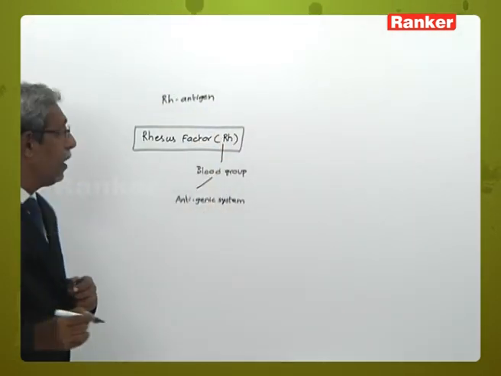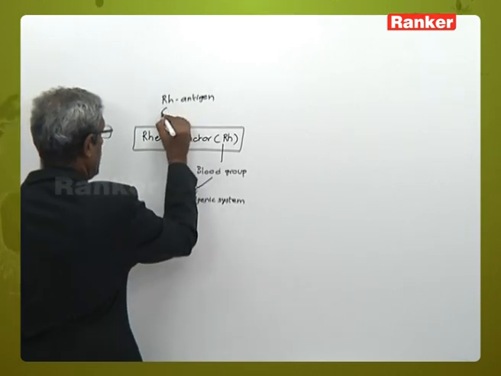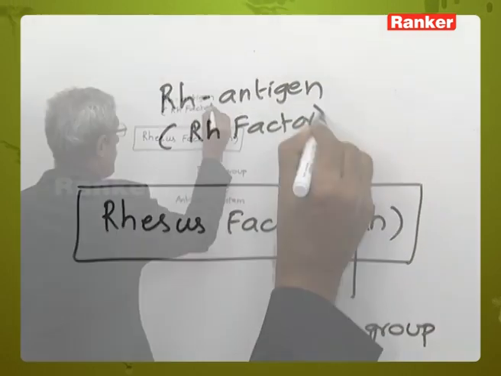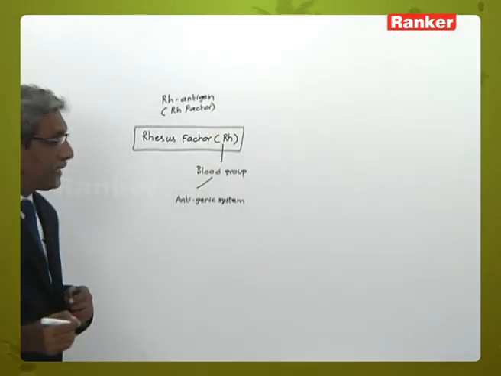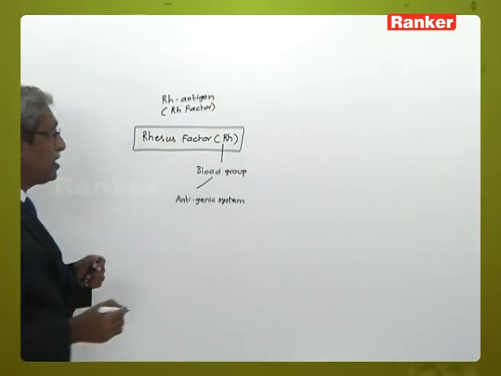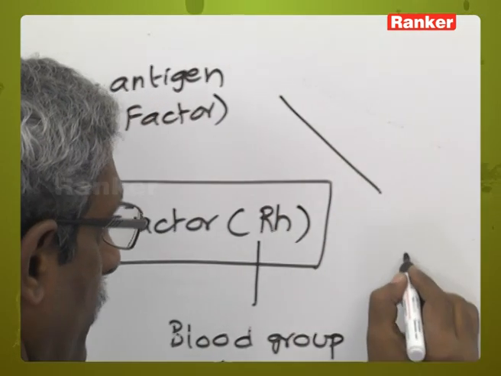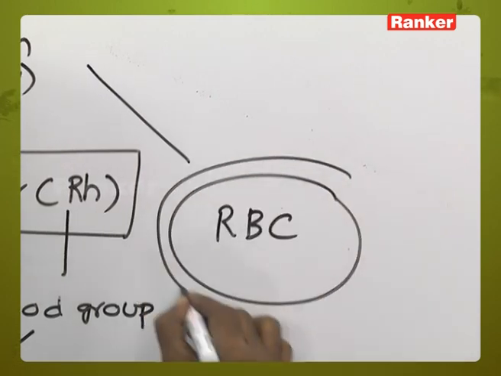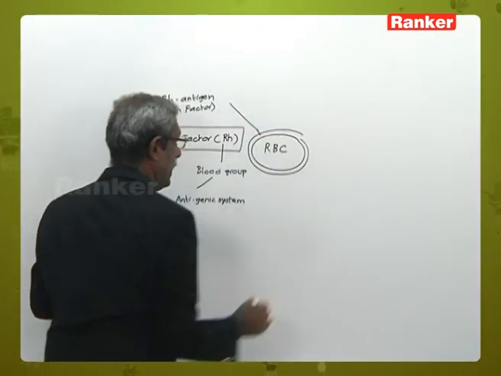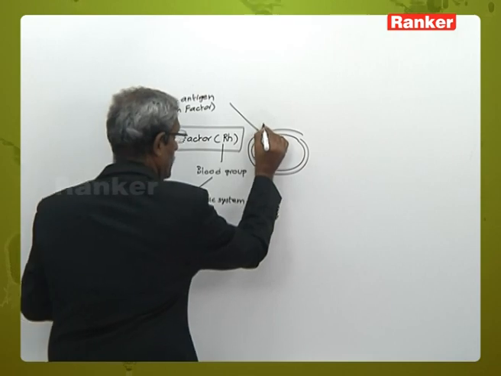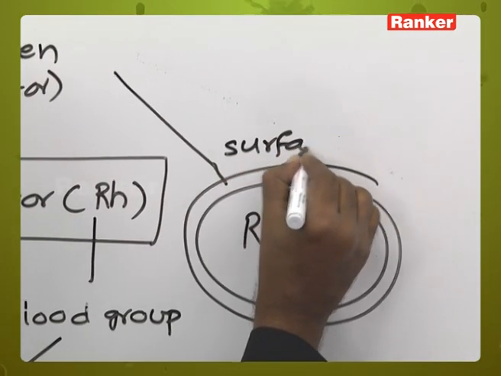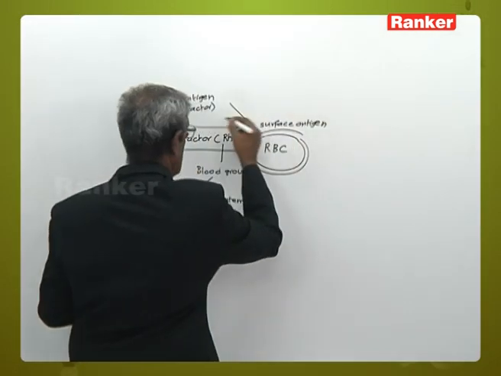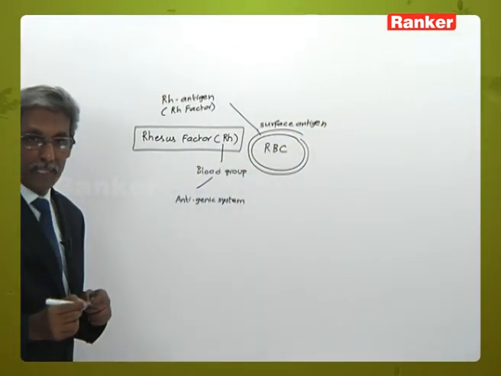RH is an antigen, and the presence of the RH antigen is also termed as the RH factor. In human cells, the RH antigen is present on the surface of the red blood corpuscles. It is a surface antigen.